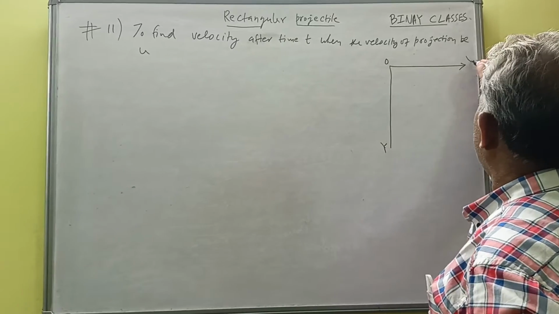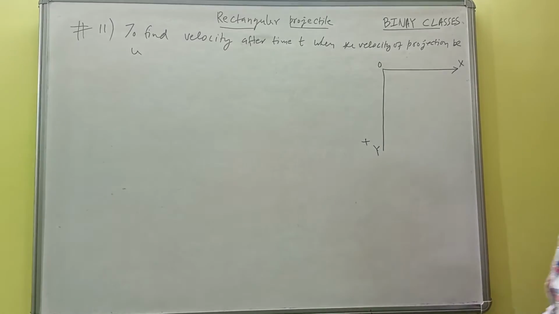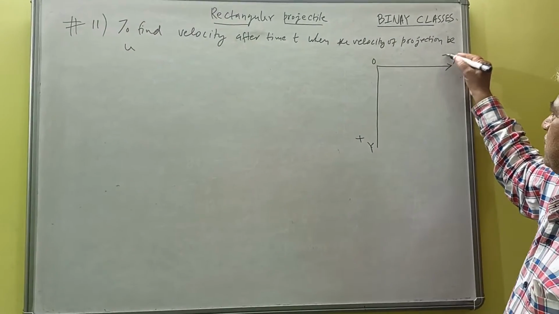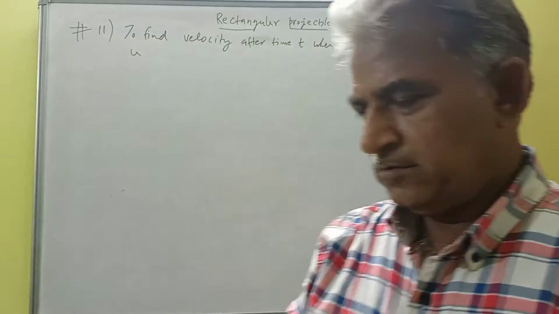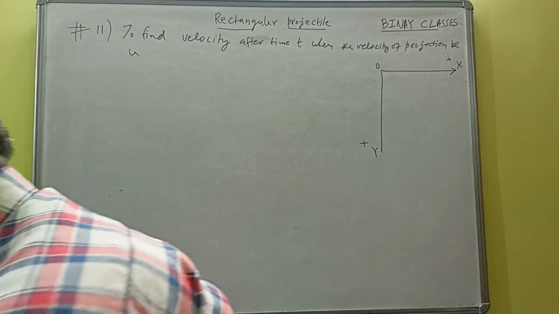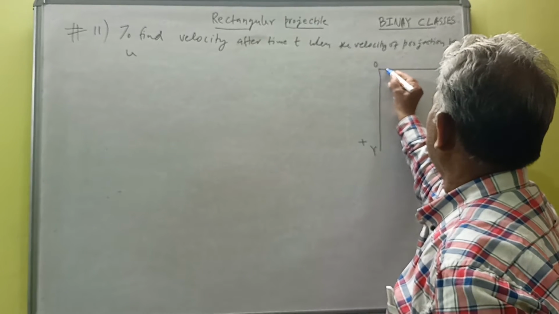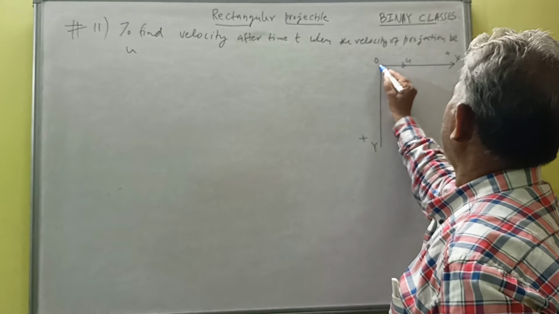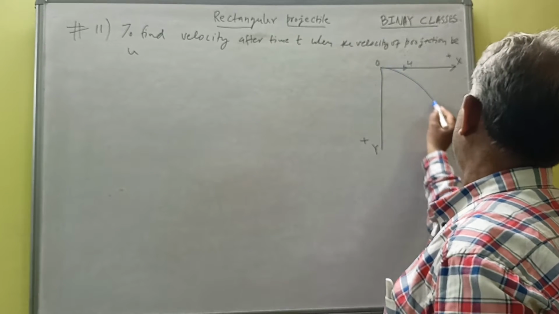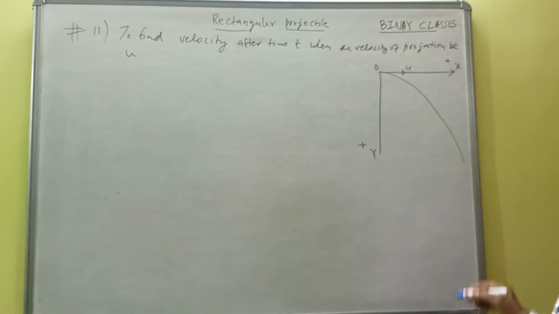OY, OX. This OY is the positive direction and this OX is again the positive direction, and the direction of projection of the object is along the x-axis, which is u, and the object is moving on this track which is parabolic in nature.